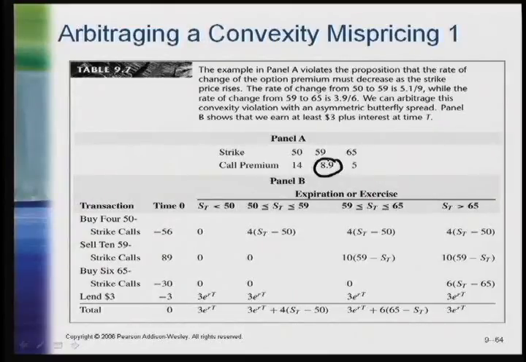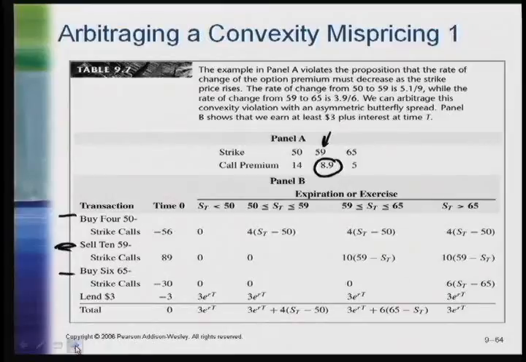By doing this calculation, we immediately know what the problem is: the 59 strike contract is too expensive. So what do we want to do? Well, we want to sell it, and we need to buy the others.